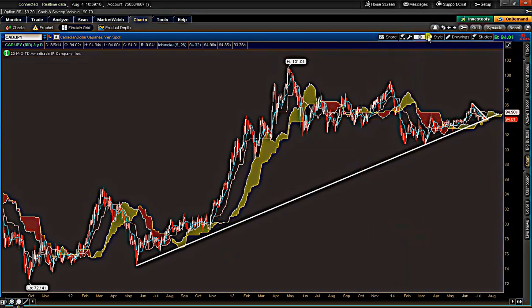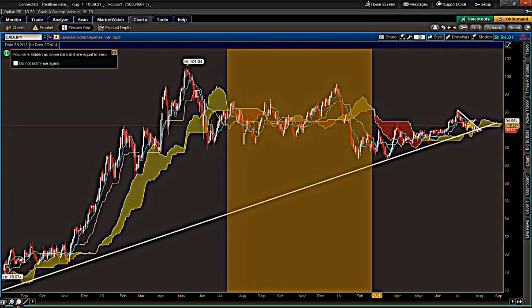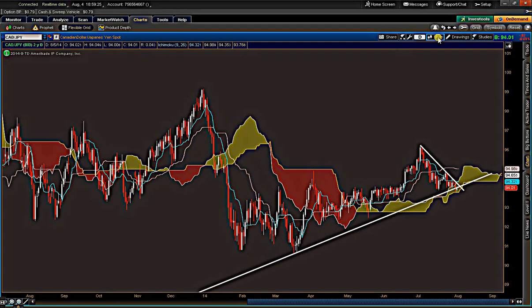I knew that we had a supporting trend line here somewhere. So CAD yen is another one that I like for shorts.